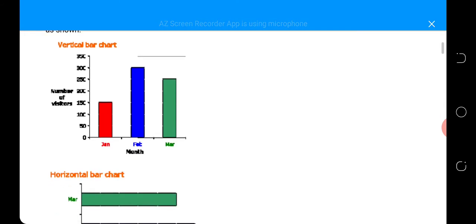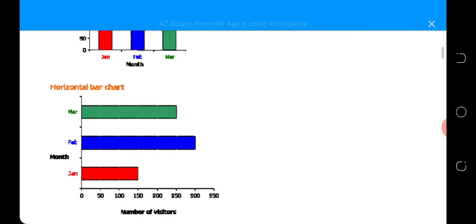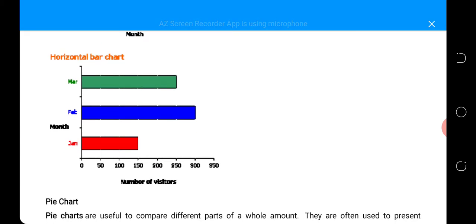If it were a horizontal bar chart we want to draw, like the one shown below, the vertical axis will represent the month, while the horizontal axis will represent the number of visitors. And the same scale will be used: 1 centimeter on the note to represent 50 visitors.